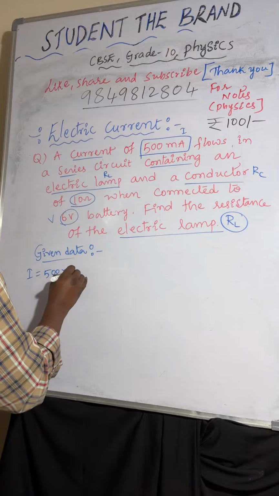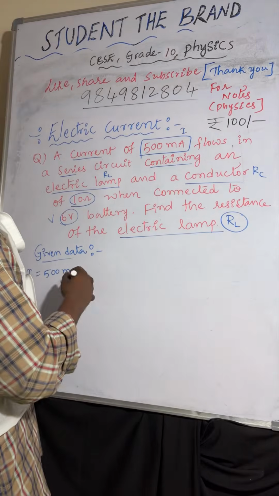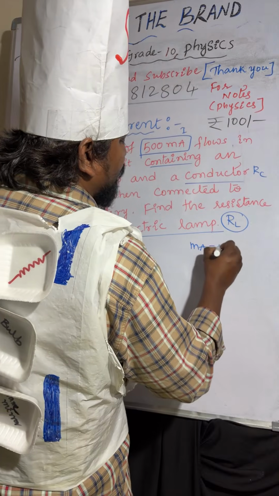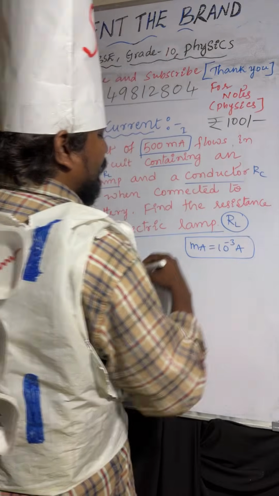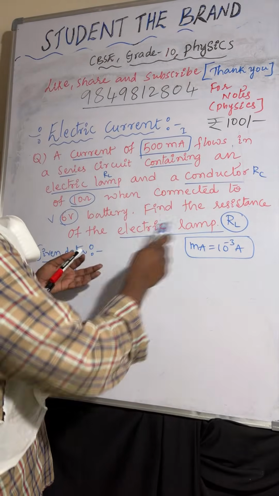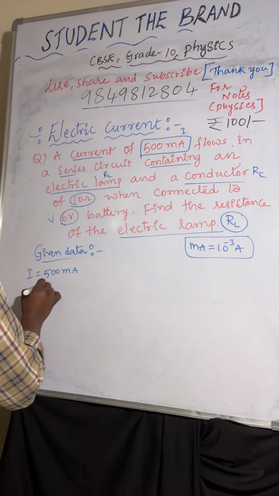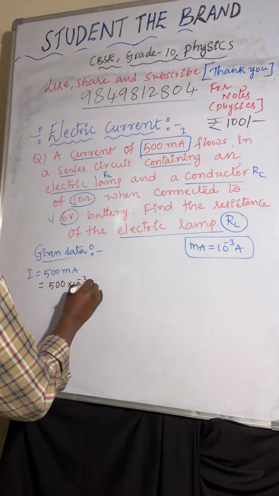Milliampere is equal to 10 power minus 3 ampere. Very important, you have to understand that one. So we get 500 into 10 power minus 3 ampere.